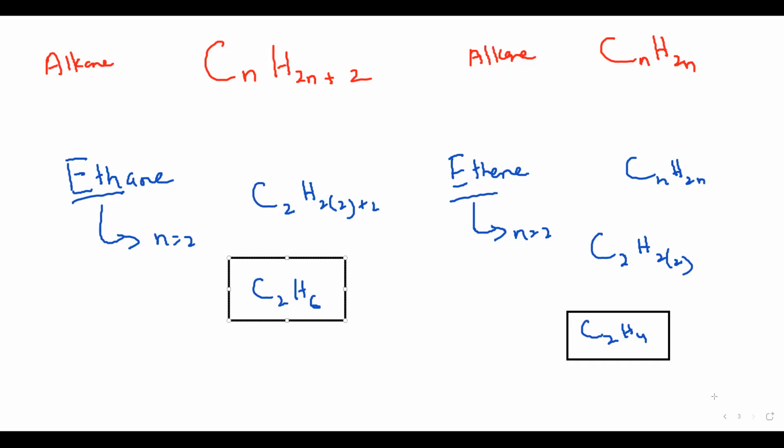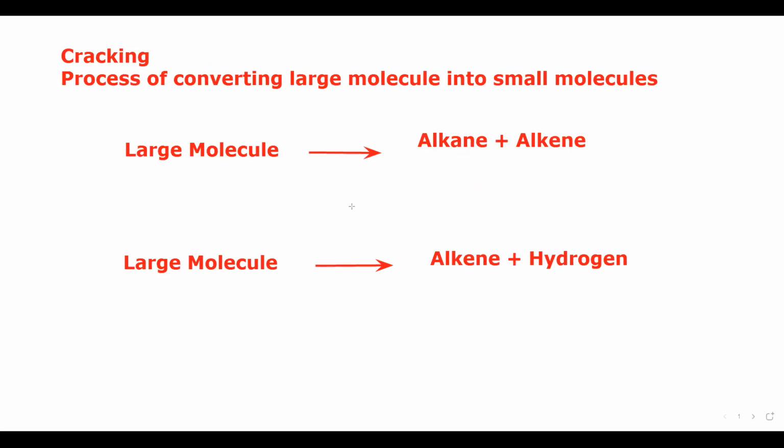So when we do cracking of a hydrocarbon, cracking means when we break down a large molecule into lighter ones. So what are the possibilities? It might produce alkane and alkene, or it might produce alkene and hydrogen. For example, if the molecule was C8H18, a large molecule with many carbon atoms, now I want to complete the products.